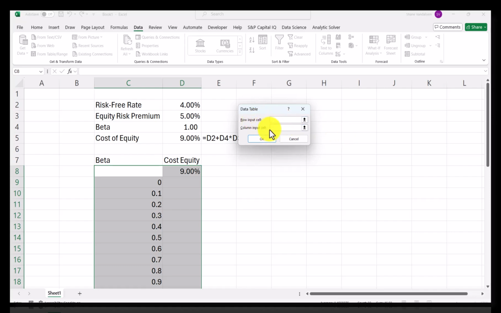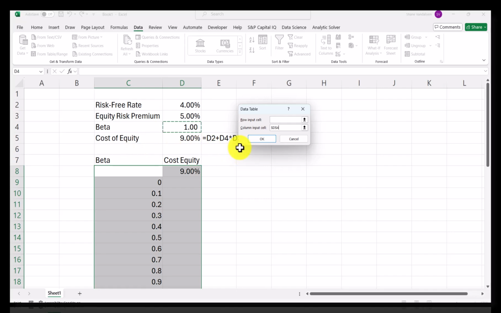There's a row input cell and a column input cell. Because this is a one-way data table and because we're using columns, I'm not going to put anything in the row input cell, but I want my column input cell to be the variable in my calculation up here that is changing in my column here. So because the beta is the variable changing, I want to select D4, which is the value for the beta.